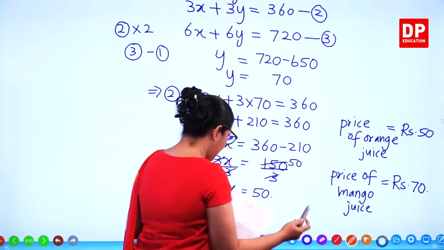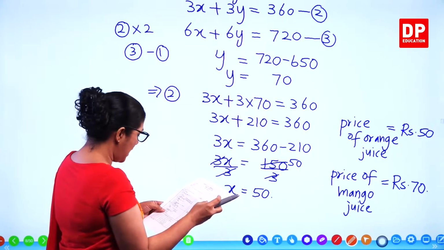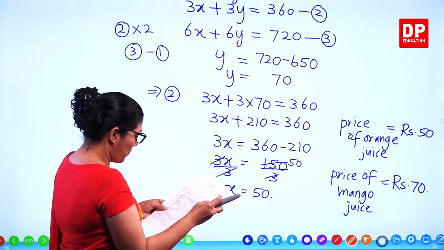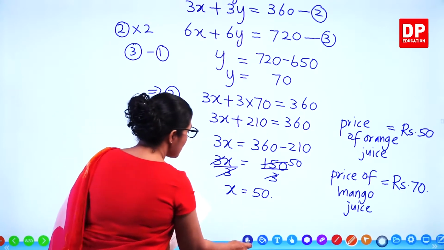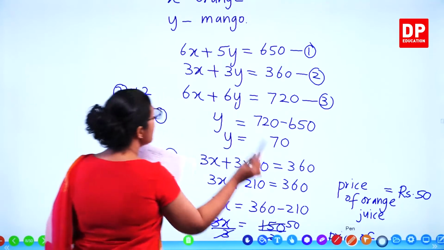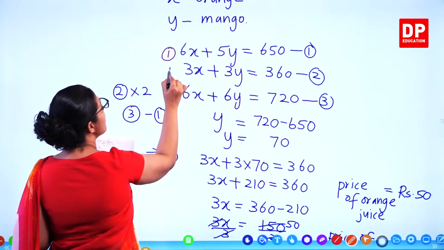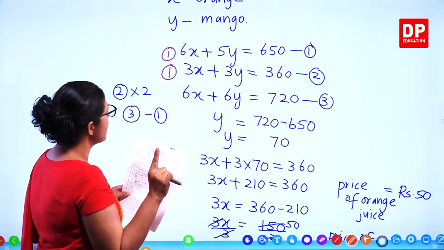So how many marks for that? Mango 70 and orange 50 rupees. All together you are getting 7 marks for this. So how do you get marks? 1 mark for each equation, so 2 marks there.